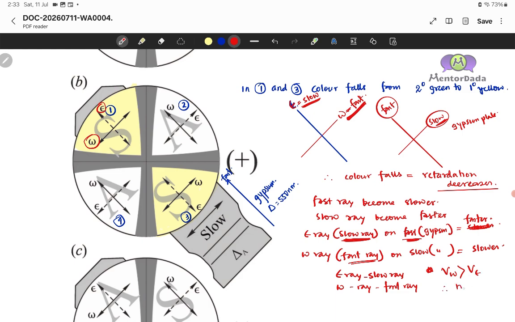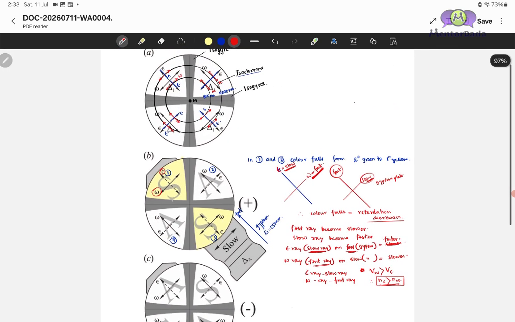Therefore, the refractive index of the epsilon ray should be greater than the refractive index of the omega ray, right? So if this happens, in case of the indicatrix of a uniaxial mineral, for this situation it was optically positive. Okay, clear? So it will definitely be optically positive, right?